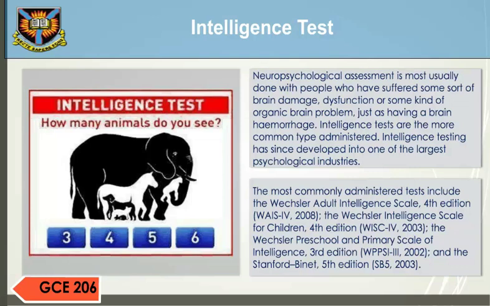The most commonly administered tests include the Wechsler Adult Intelligence Scale, 4th edition, the Wechsler Intelligence Scale for Children, 4th edition, the Wechsler Preschool and Primary Scale of Intelligence, 3rd edition, and the Stanford-Binet, 5th edition.